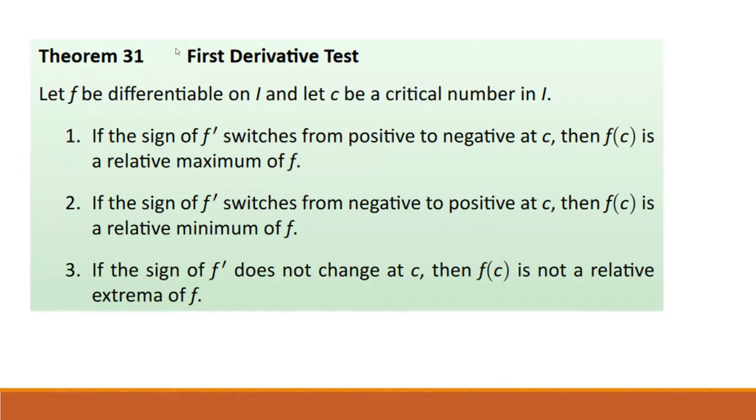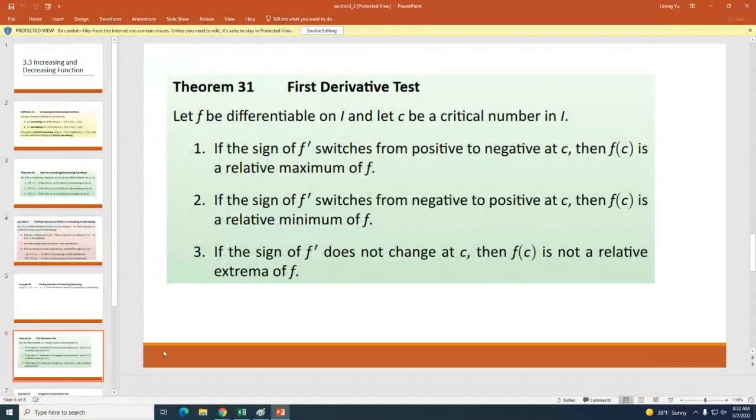Second, if the derivative is negative, then positive, then the function must have a minimum at that point. The third says if the function did not change sign, negative before C and negative after C, or positive before and positive after, then it's not a minimum or maximum at all. This is the so-called first derivative test.